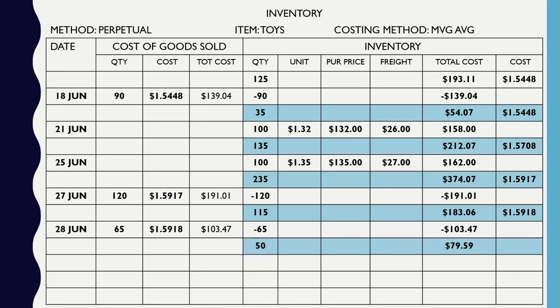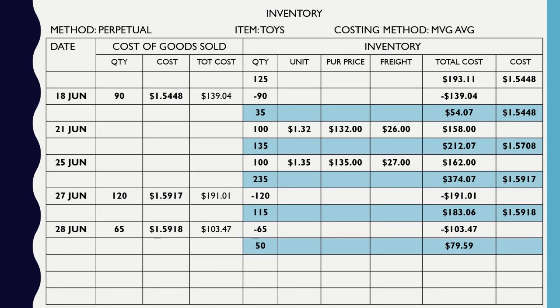But my goal is to spread this total cost evenly across 235 items. So go ahead and calculate it. You should get 1.5987.